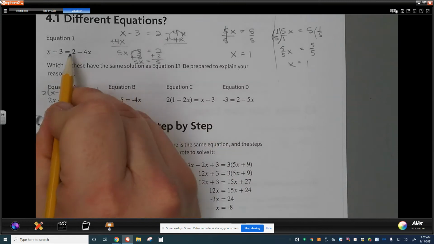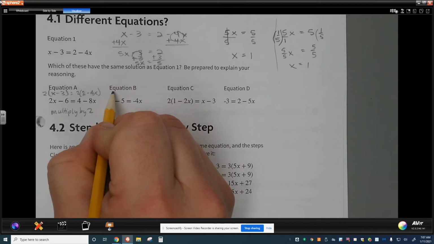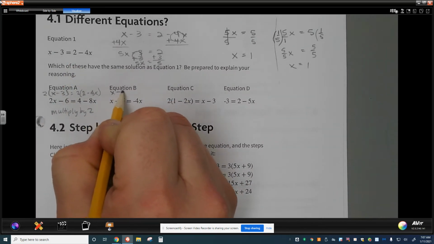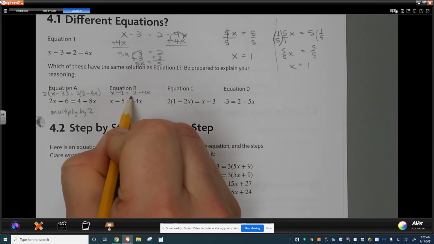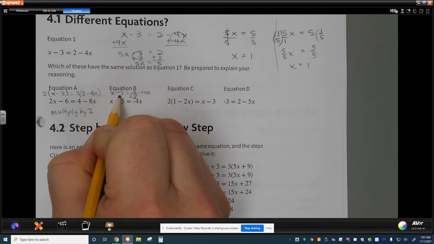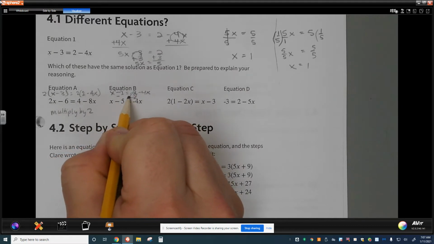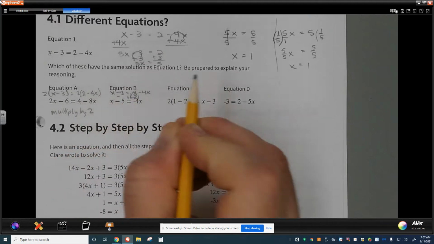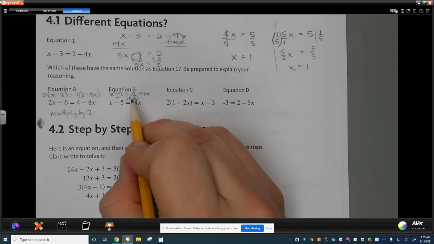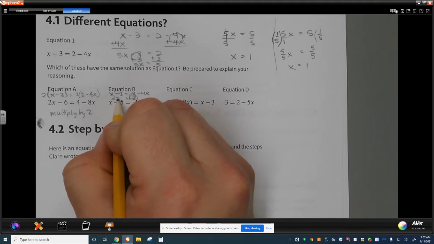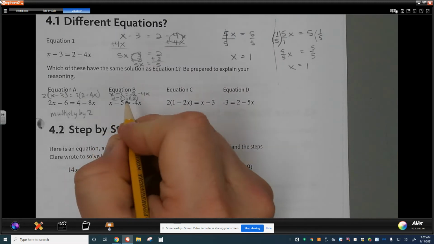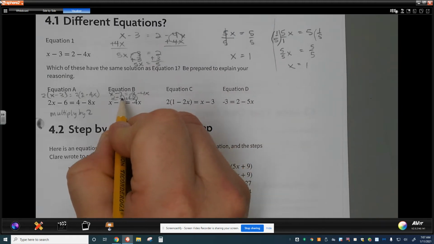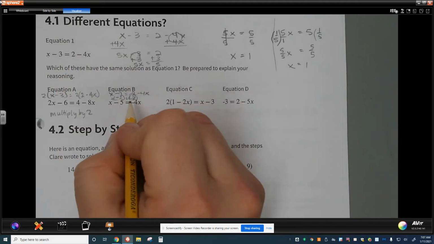Well, what I know about this is if I take that 2 away from the expression on the right, I can add the opposite, add -2 to it, and if I add a -2 to a -3, I do get a -5, which means that, again, equation B is the same as equation 1.